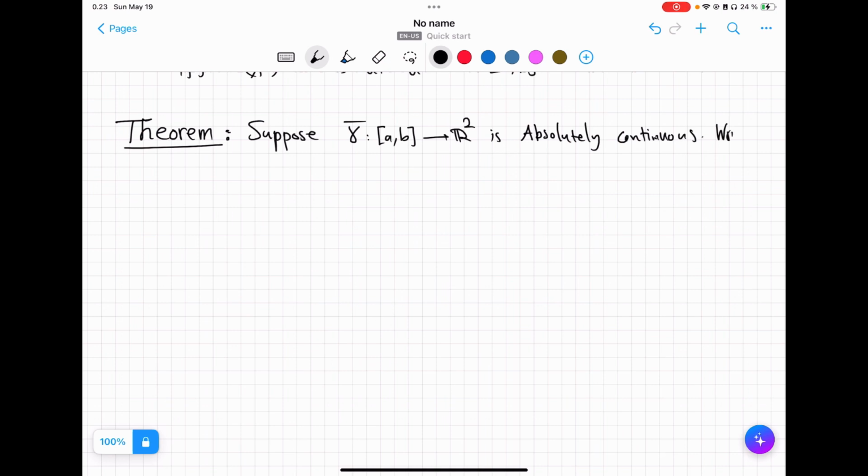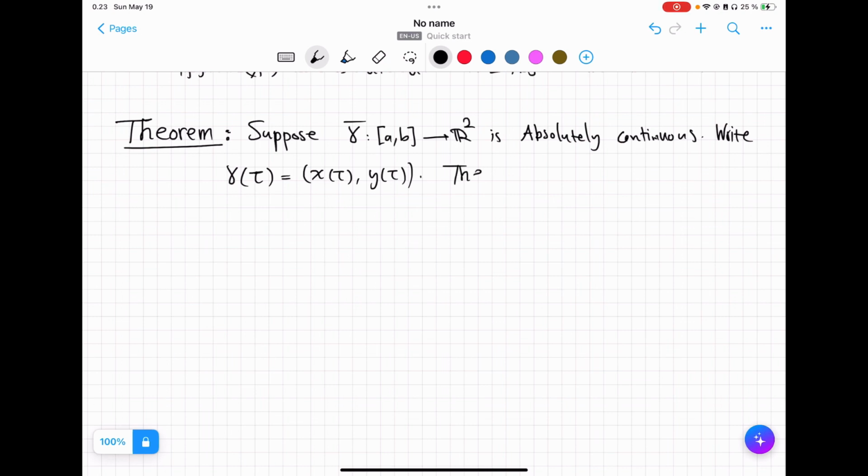And write its coordinates as x and y. So gamma bar of tau, let's write as x of tau and y of tau. Of course, the coordinates are functions of tau, so we can call them x and y.